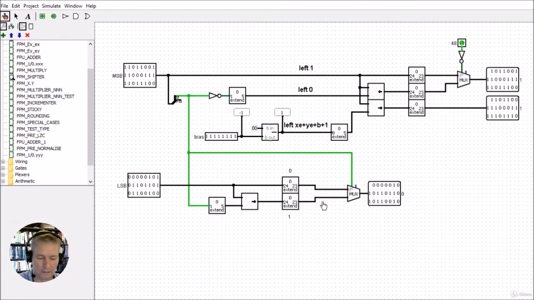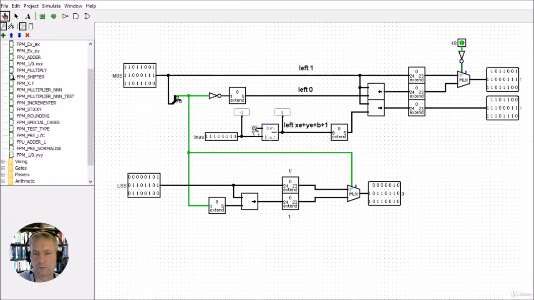You can see that in the shifter we're going to have a subnormal output, so instead of going through this path and choosing this one or this one and choosing that, we're going to be working through the subnormal output path.